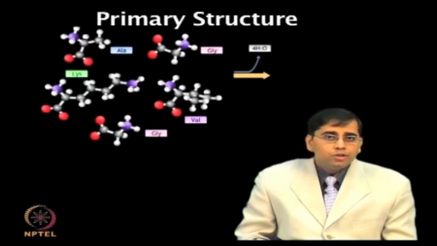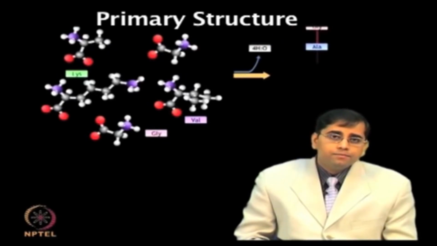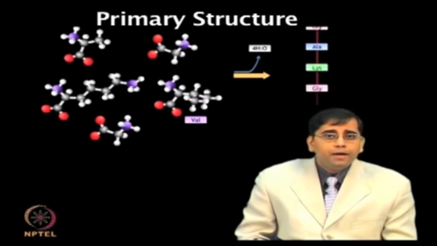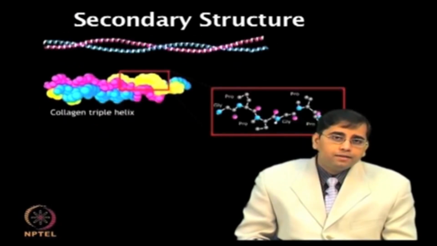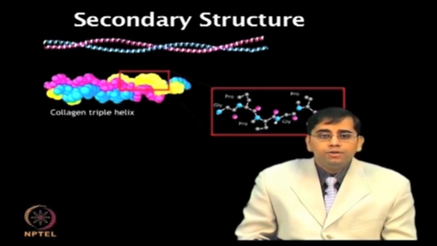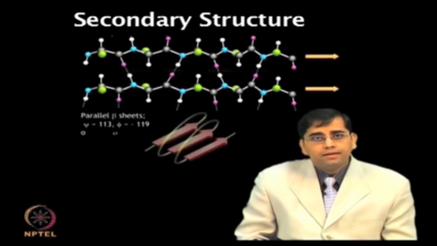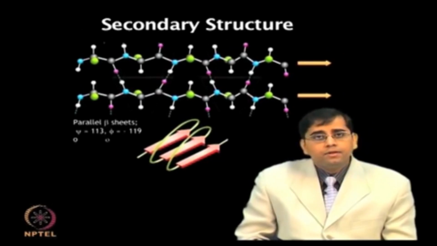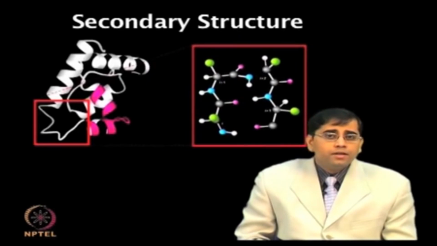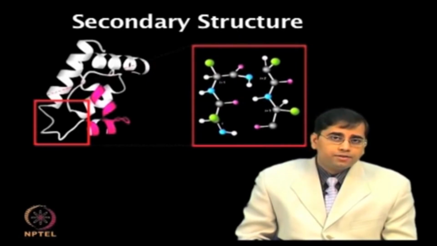The linear sequence of amino acids constitutes the primary structure. Folding of polypeptide or protein chain into regular structures like alpha helices, beta sheets, turns and loops gives rise to secondary structure.